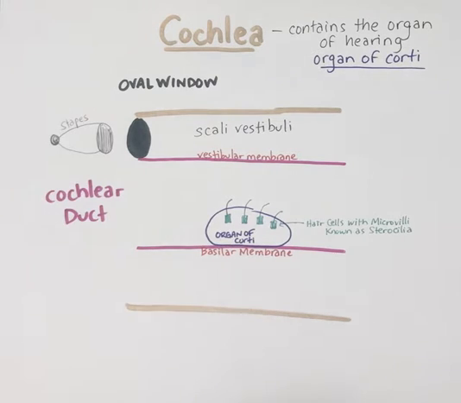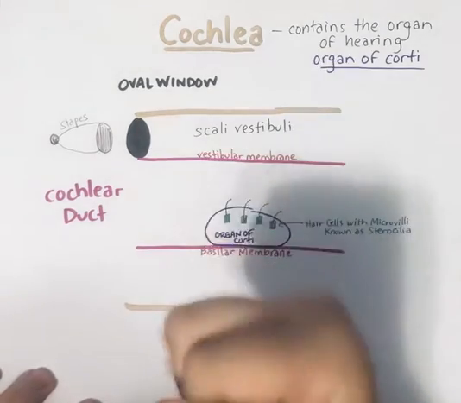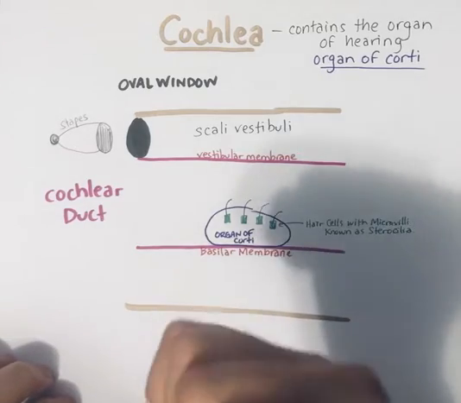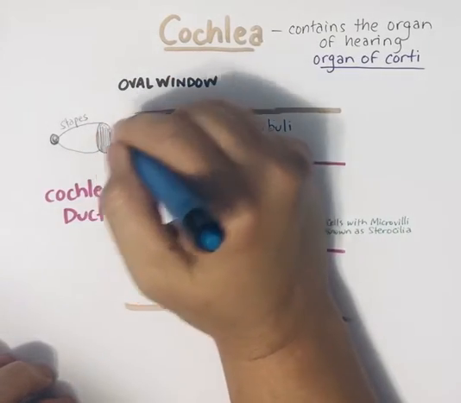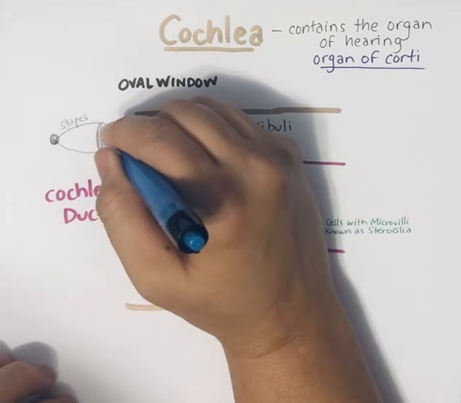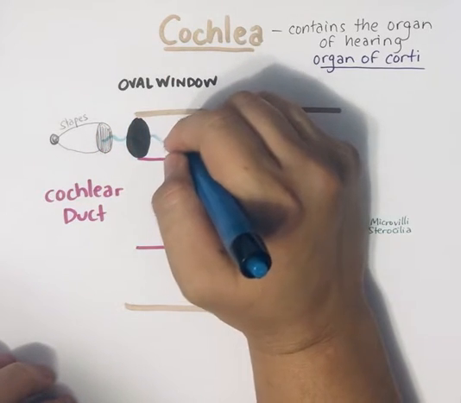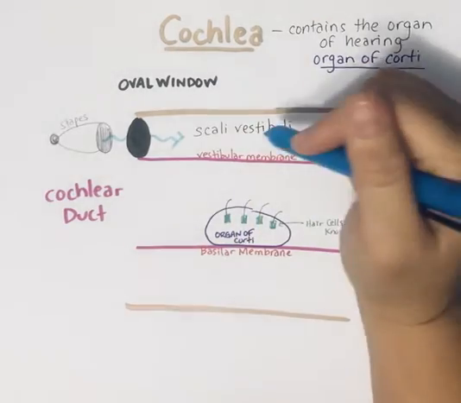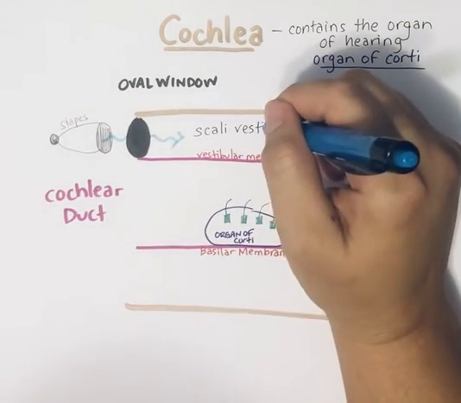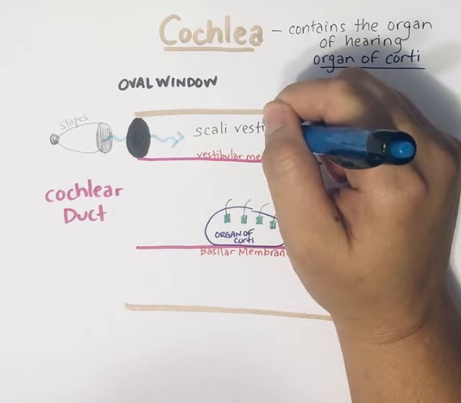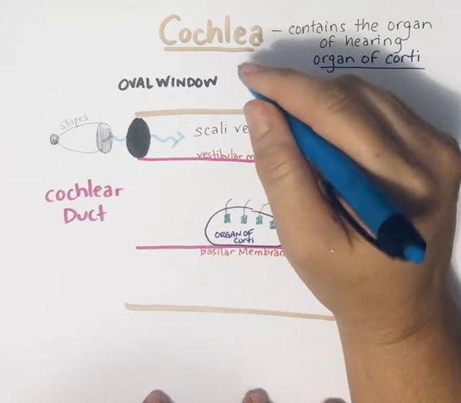Now, as the stapes acts like a piston, this auditory ossicle receives vibrations, and the vibrations are going to travel as the stapes pushes the oval window. This is part of auditory transduction. So vibrations move into the scala vestibule, which has fluid. So the fluid is going to vibrate.